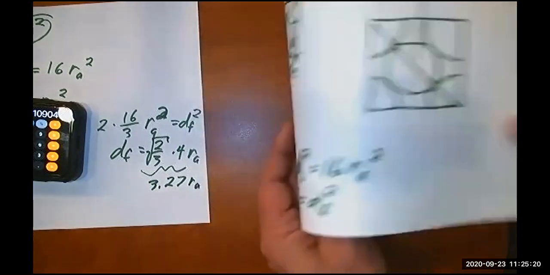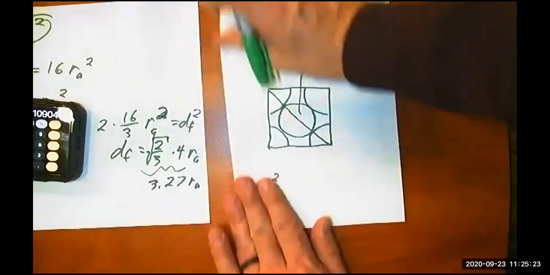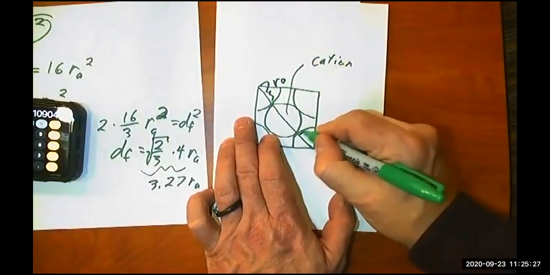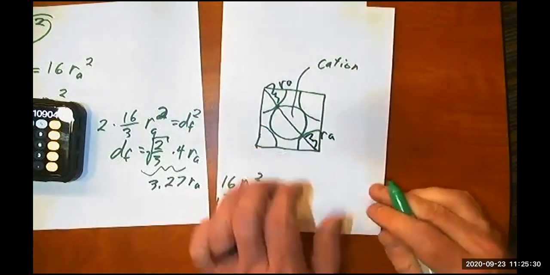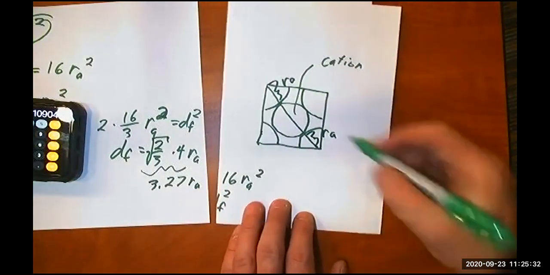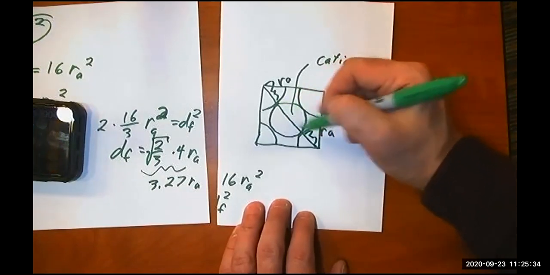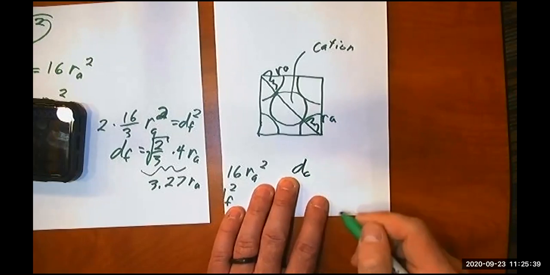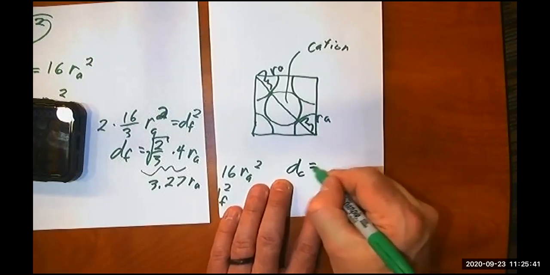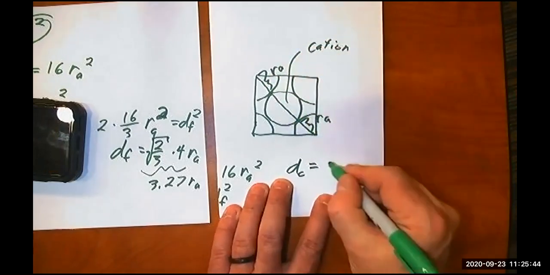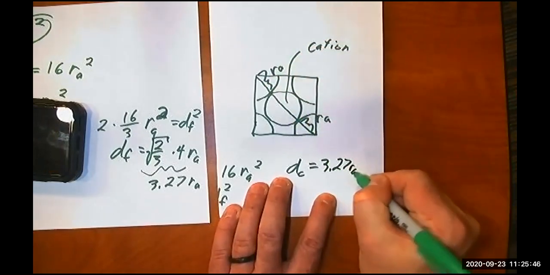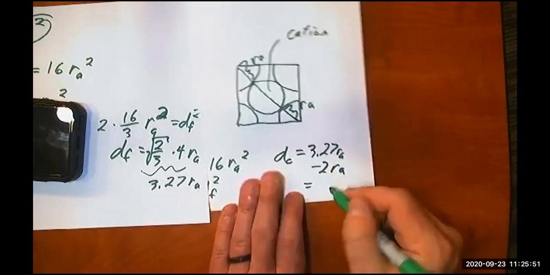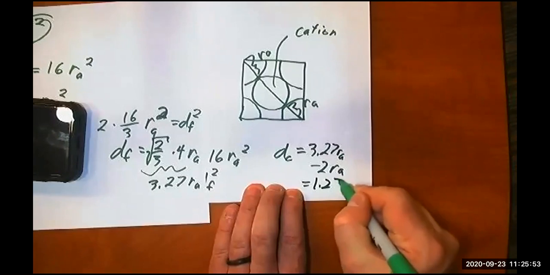Now, if we look at our picture of the face diagonal, this is an r_a, and this is an r_a. So the diameter of the cation is going to equal the face diagonal, 3.27 r_a, minus 2 r_a, because we have 2 r_a's, which equals 1.27 r_a.